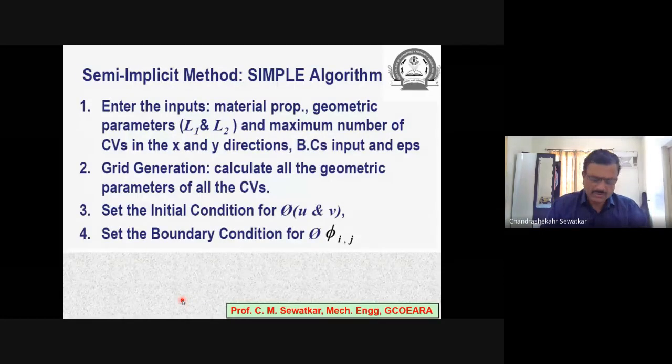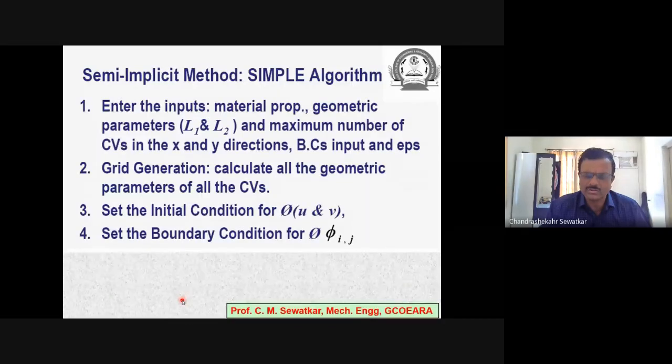I am giving you the algorithm here, a simple algorithm which is known as SIMPLE. The first step in the SIMPLE algorithm is to enter the input: material properties and geometric parameters like L1 and L2. Here, I am writing the algorithm for solving the Navier-Stokes equation as applied to the lid-driven cavity flow problem.